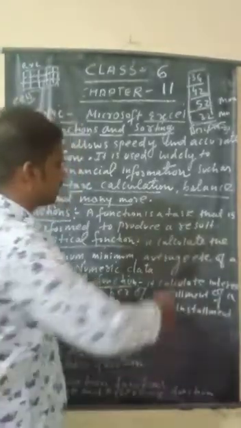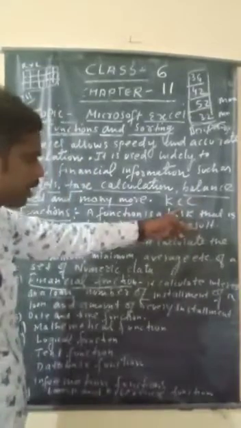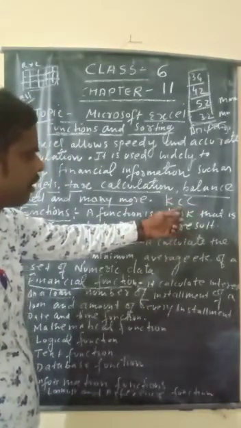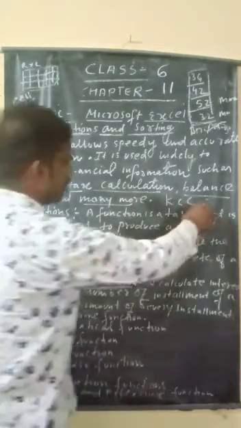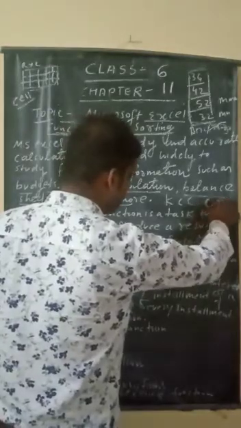Suppose there is a KCC card, Kisan Credit Card. If you take a loan from the bank, you give interest of 2%, 3% within 5 years. If you don't pay on time, the interest gets worse, like compound interest.